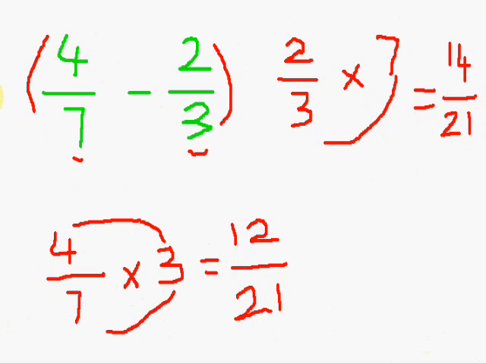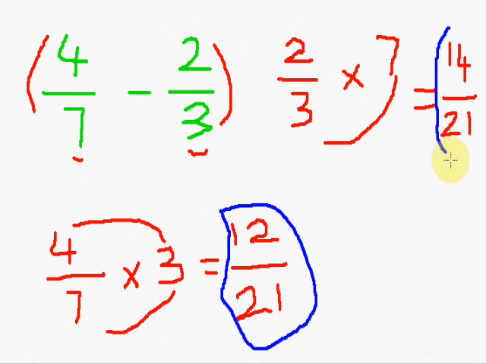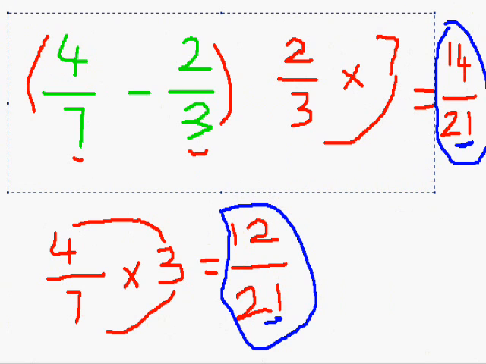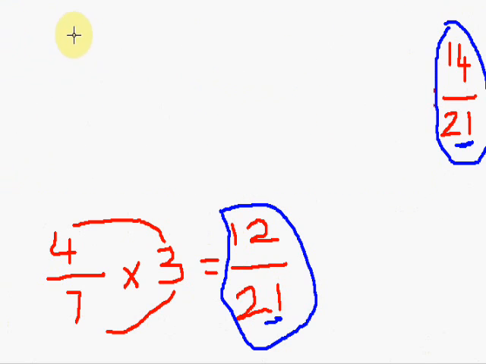Again, we have now created a common denominator for both fractions, because 21 is common to both of the fractions. So we can go ahead now and do our subtraction. And of course, as I said before, it's just a matter of rewriting the denominator and performing the operation at the top where the numerators are.